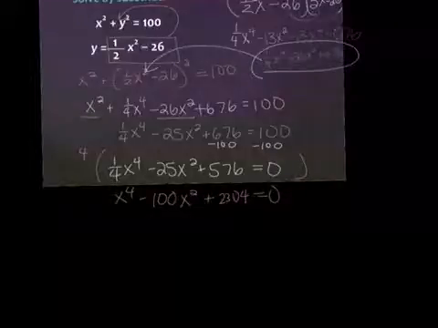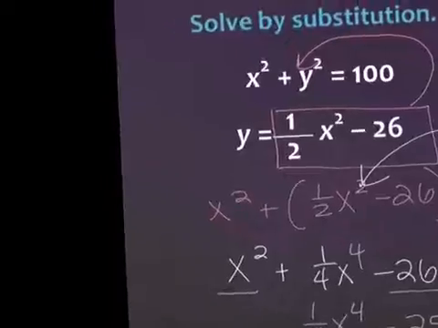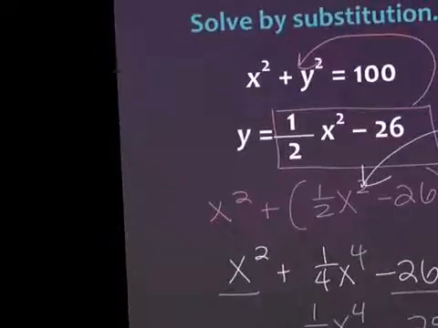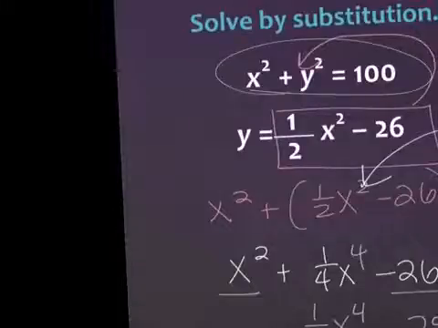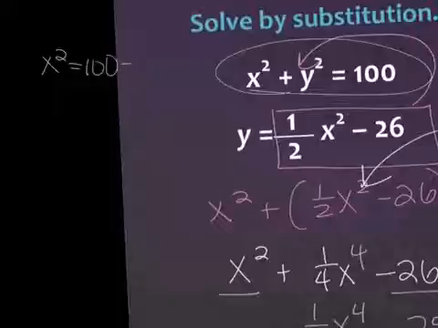If I want to avoid the expanding and FOILing, I should look at the very beginning to see if there's a way I could avoid it. So let's see if we can solve for another variable. Let's say I take that top equation and solve it for x squared. So x squared equals 100 minus y squared.